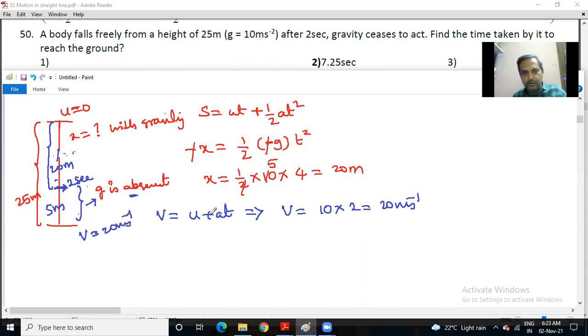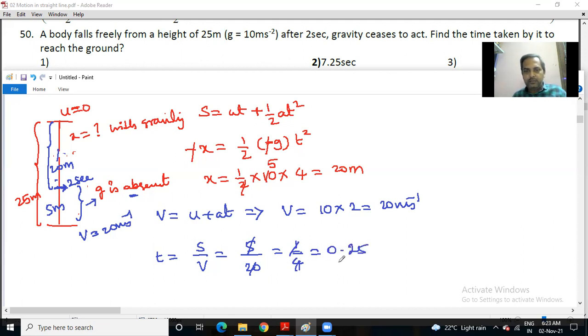Now, without gravity, T is equal to S by V. What is S here? The distance to travel without gravity is 5 meters, divided by 20. So it will be 1 by 4, so T is 0.25.